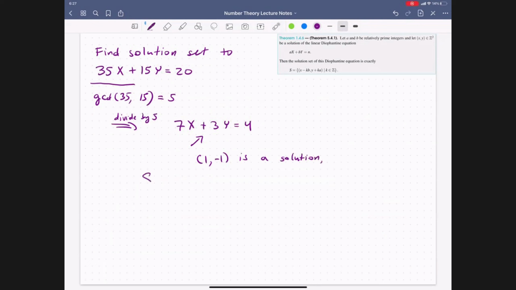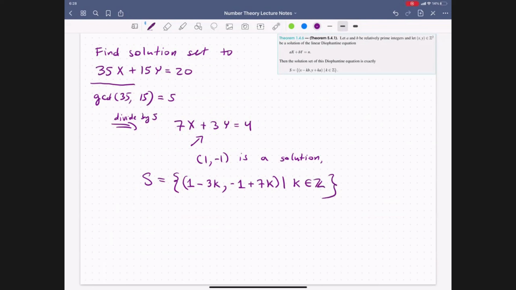So the set of solutions that we want is going to be x equals 1 minus kb, so 3k, comma, y equals negative 1 plus ak, and in this case a is 7, so we have 7k, where k is an integer, so we have this solution set here.